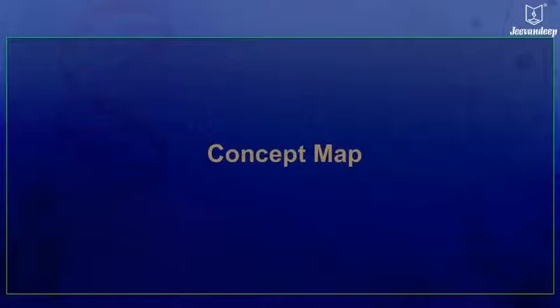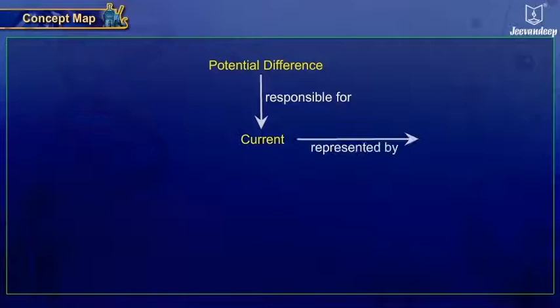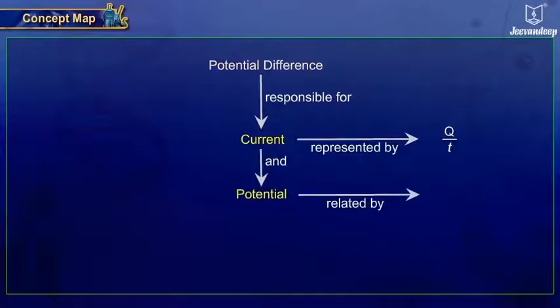Concept map. Potential difference is responsible for generation of current, which is represented by Q upon T. Current and potential difference are related by Ohm's law defining resistance.